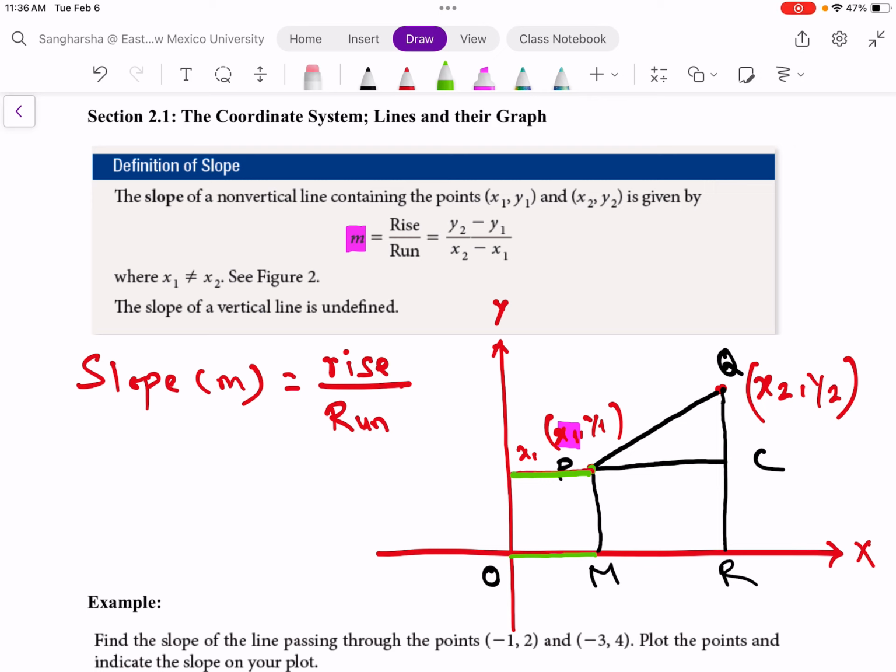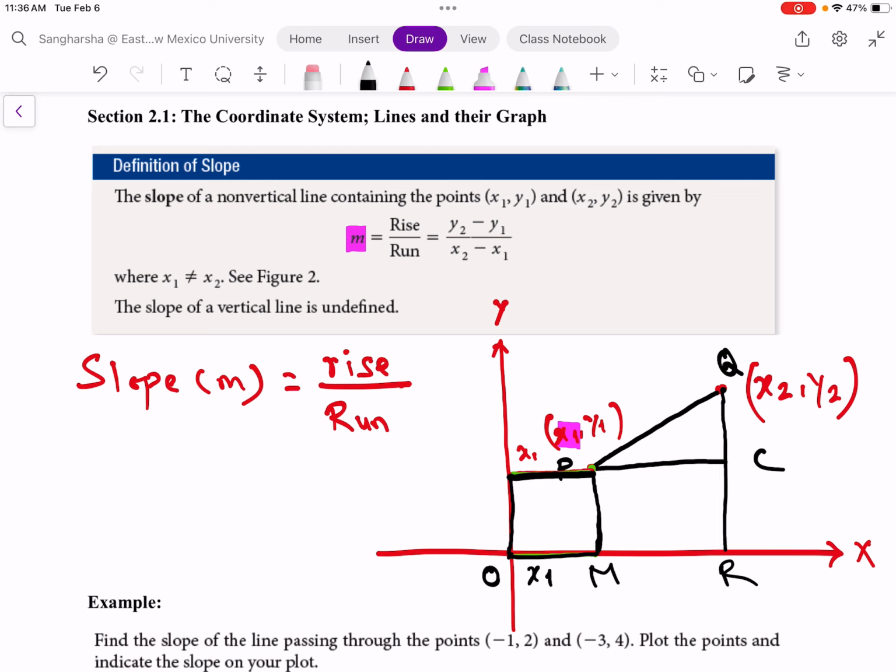Are they equal? Here we can see a rectangle, and the opposite sides of a rectangle are always equal to each other. So the distance OM is x1.